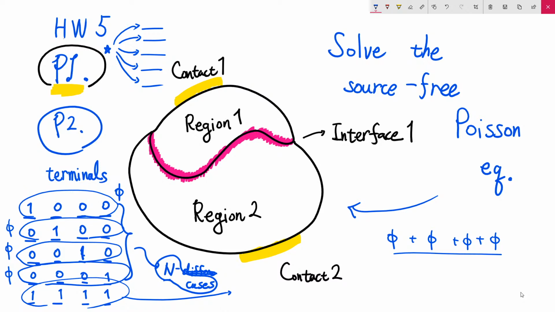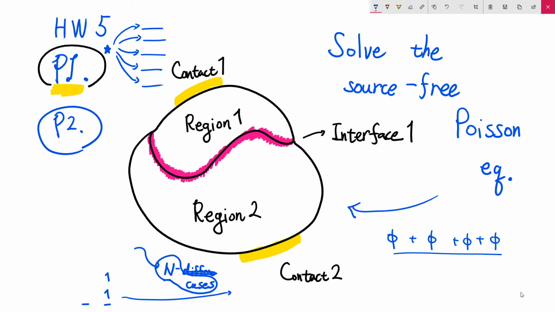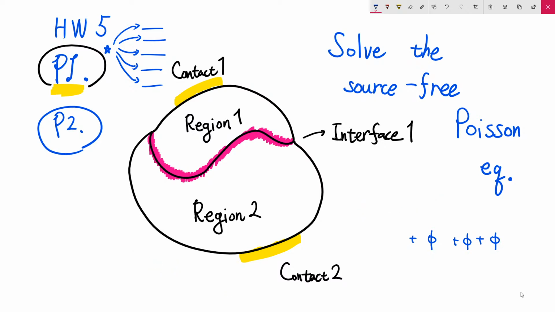Any question about our problem 2? At least you understand what you have to do. Let's make a concrete example. Here we have just a two terminal case.